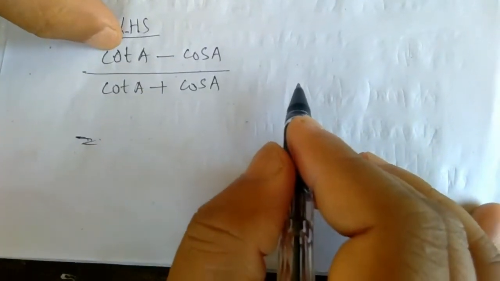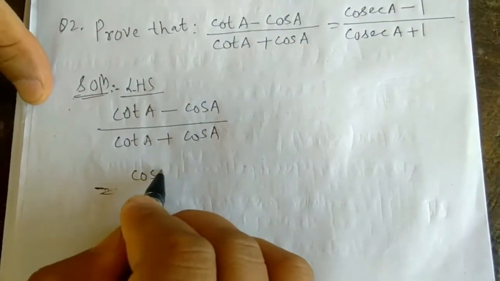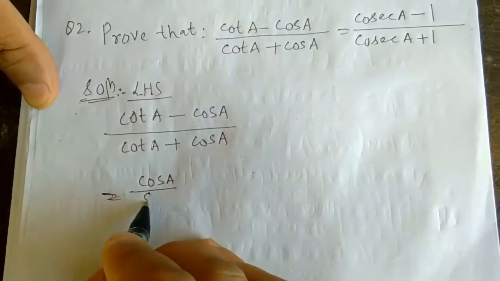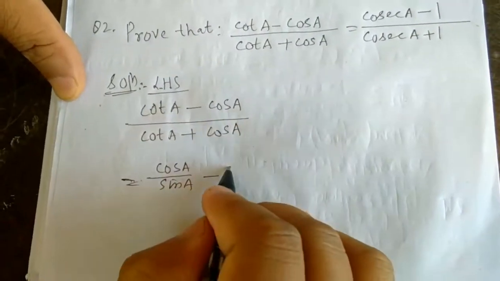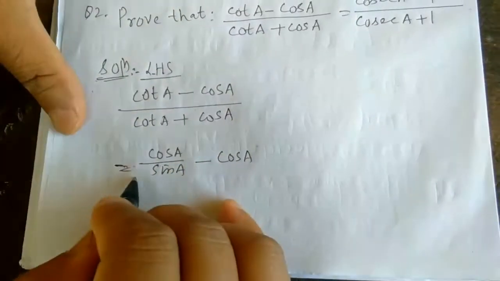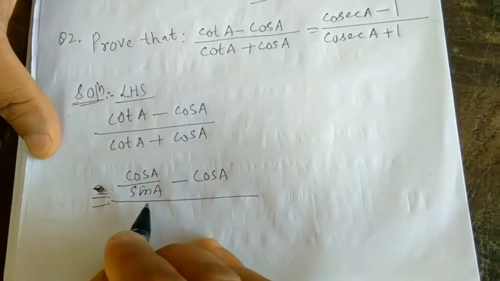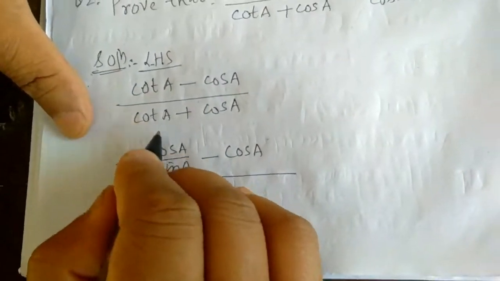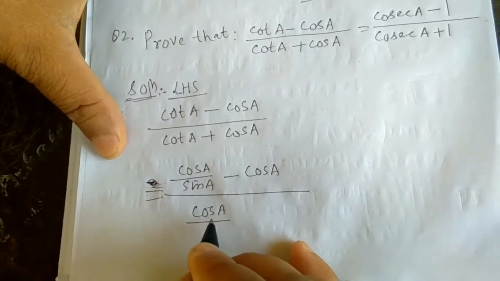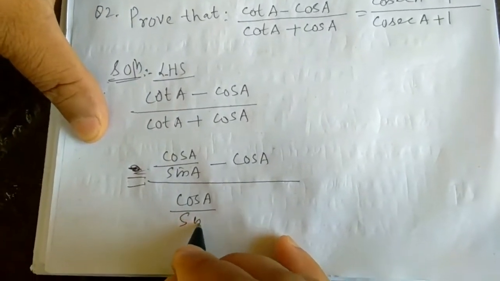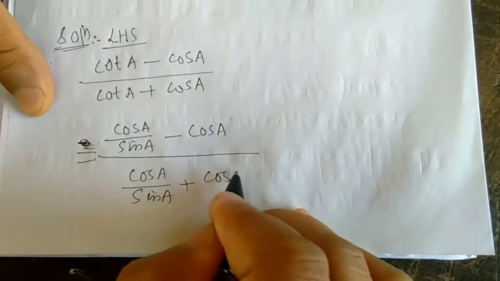You apply the formula in cot. Okay, we know that cot theta equal to cos theta by sin theta. Formula of cot, this is minus cos a by, again cot theta equal to cos theta by sin theta. Here theta means a, plus this cos a.